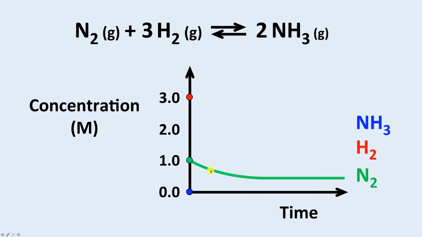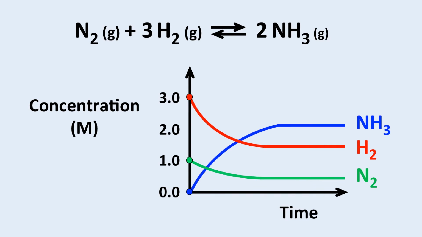So the concentration of nitrogen will decrease, and the concentration of hydrogen will decrease. And note that for every 1 nitrogen that reacts, 3 hydrogens react. So the concentration of hydrogen will go down 3 times as quickly as the concentration of nitrogen goes down.